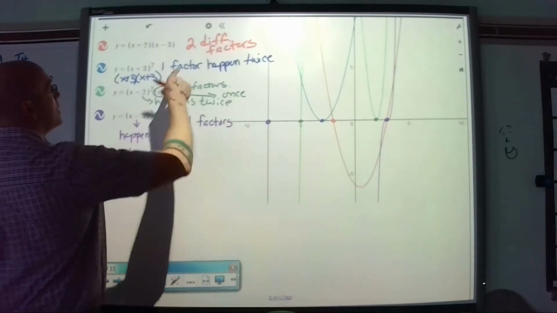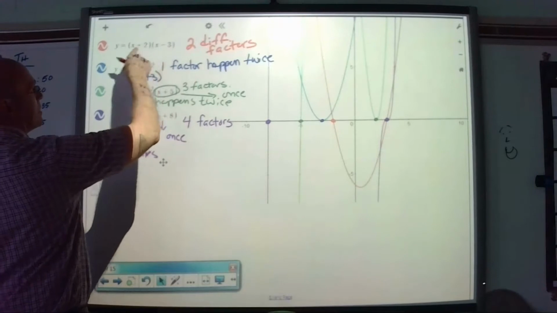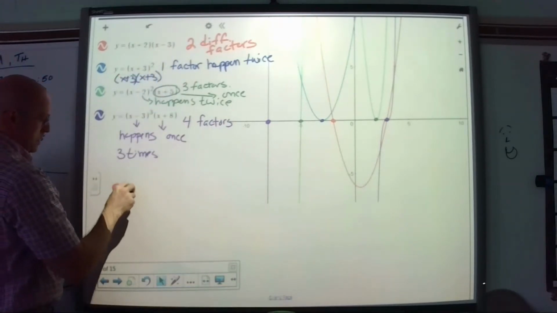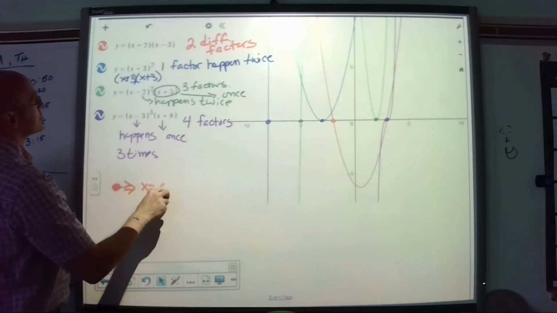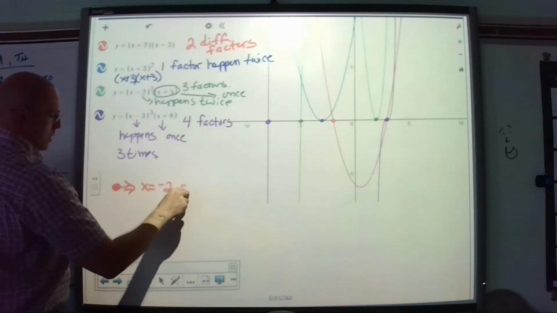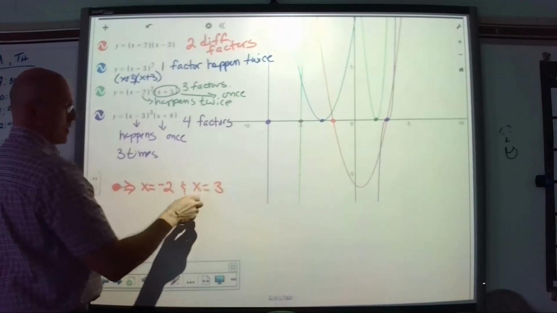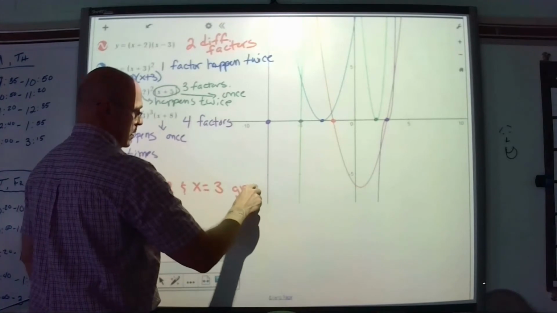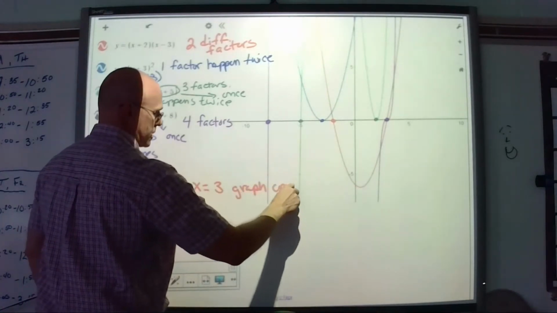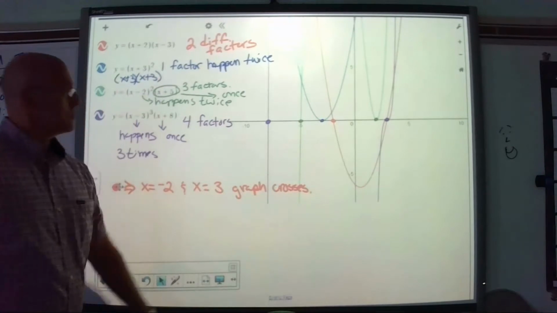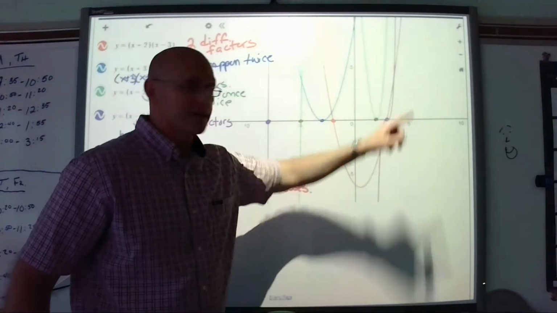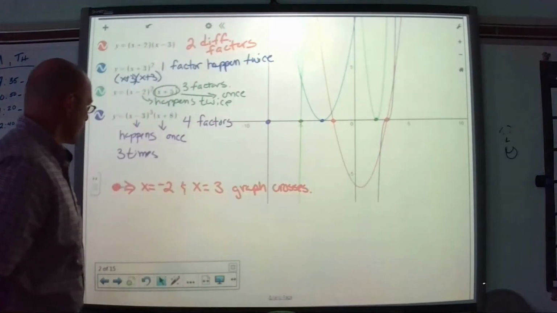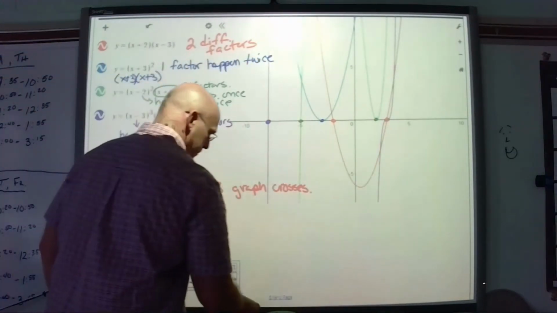So for the red one, at x equals -2 and x equals 3, those will be the zeros, right? The graph crosses the x-axis. That's here and here.